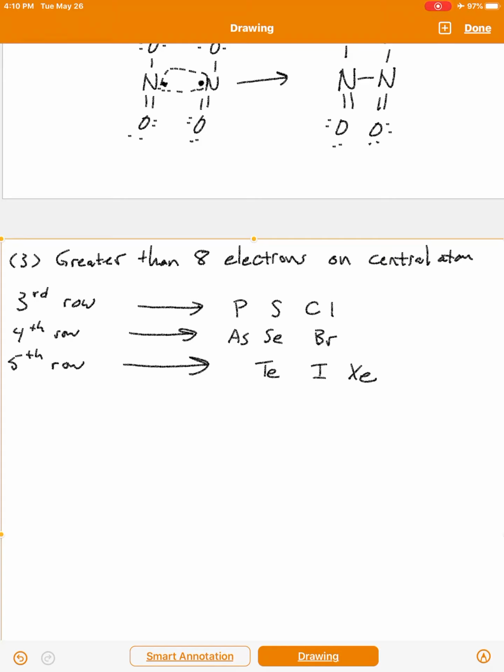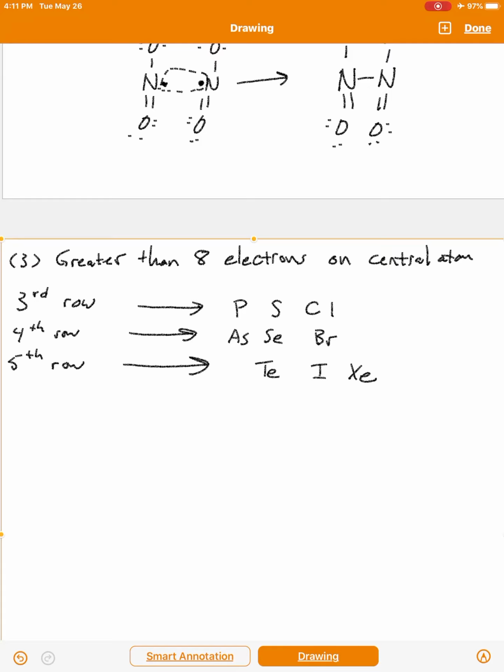Starting with phosphorus, what is observed is that it is possible to have structures where there are more than 8 electrons on the central atom. So usually these occur when you have highly electronegative surrounding atoms. The highly electronegative surrounding atoms are fluorine, oxygen, chlorine.